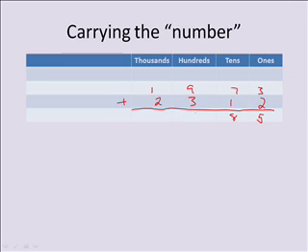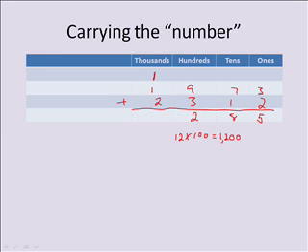9 plus 3, that's 12. I'm going to write the 2 down. But I still have the 1. I'm going to carry that 1 and place it in the thousands because technically that's where the 1 goes. I have 12 hundreds, and if I wrote out 12 times 100, that would give me 1,200.